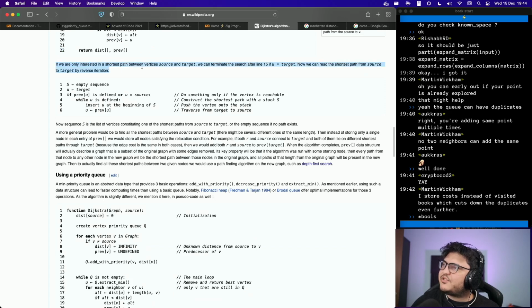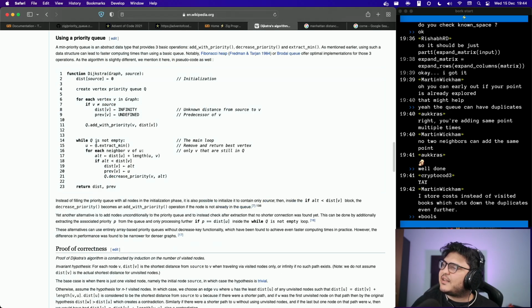We're only interested in the shortest path between vertices, source and target. Determine the search after line 15 if u equals target. Now we can read the shortest path from source to target by reverse iteration. Empty sequence u target if prev u is defined or u equals source while u is defined.